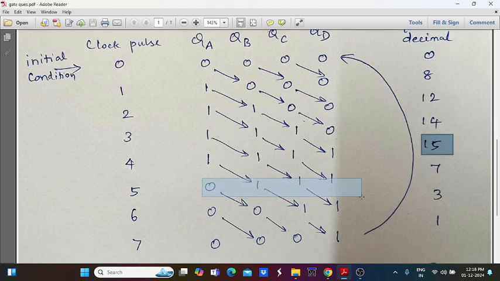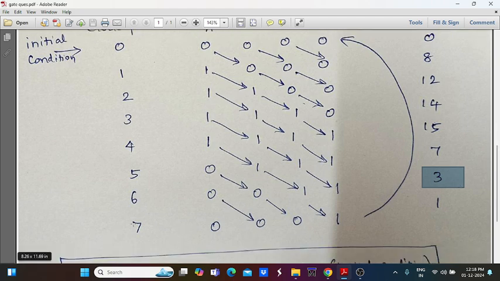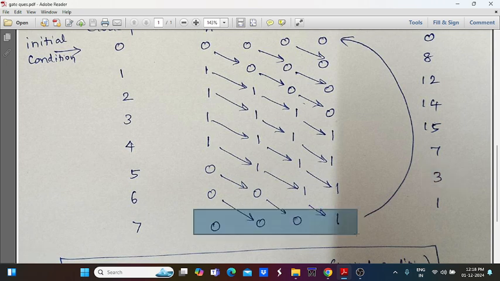And 0111 is the next output for fifth clock pulse and the corresponding decimal equivalent is 7. And 0011 output is for sixth clock pulse, the corresponding equivalent decimal value is 3. And for the last clock pulse, seventh clock pulse, the output becomes 0001 and the equivalent decimal value is 1.